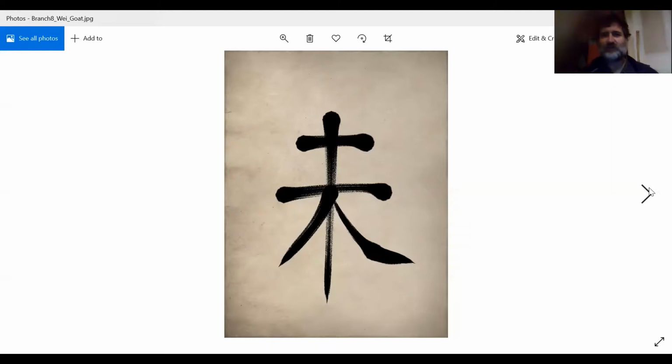Whereas ox is an insensitive, stoic, hard worker, goat is highly sensitive, highly aesthetic. Rather than plowing fields through the earth, the goat is very nimble.